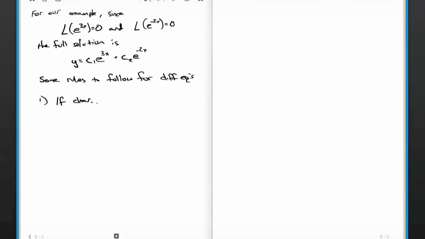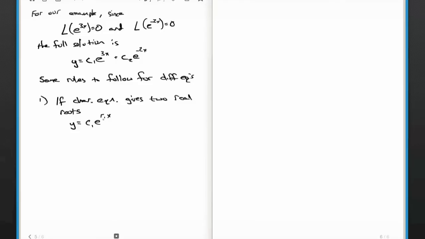If the characteristic equation, right, that stands for characteristic equation, gives two real roots, such as 3 and negative 2, those are two real roots, y equals c1 e to the r1x, right, the root 1, the first one.